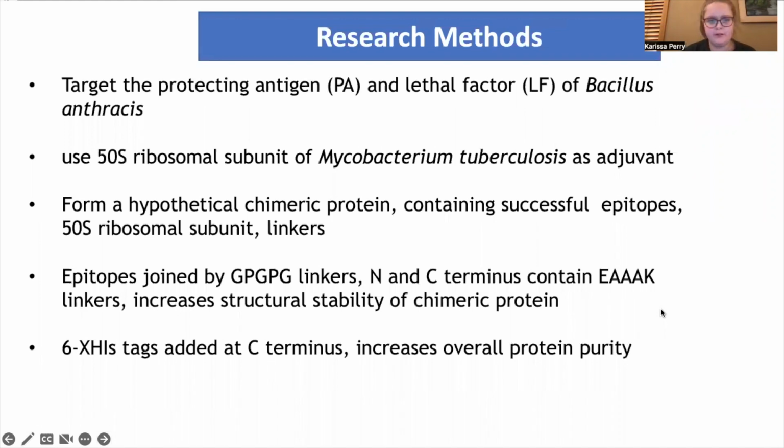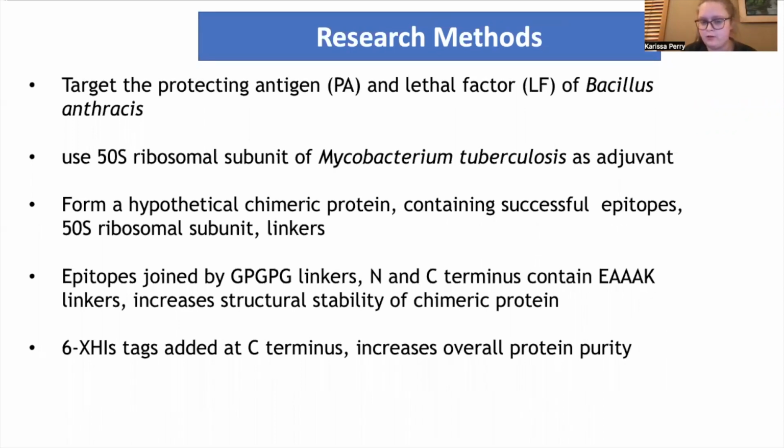So to begin the research methods, the researchers targeted protective antigen and lethal factor. They used the 50S ribosomal subunit of Mycobacterium tuberculosis as an adjuvant, and to form a hypothetical chimeric protein, which contains the successful epitopes as deemed by immunogenicity scores.